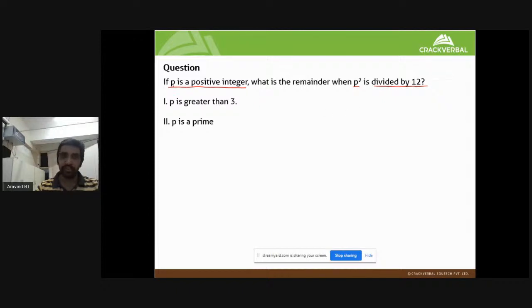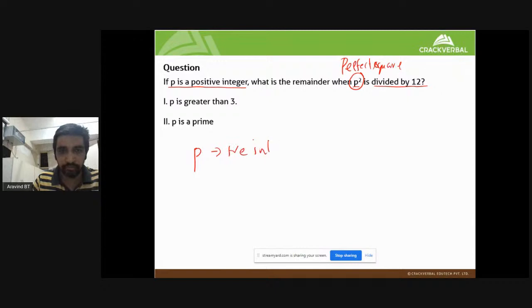Remember, if p is a positive integer, it means that p square is a perfect square. There are tons of GMAT questions where GMAT does this. It says p is a positive integer. It gives you this information. Having given you this information, it starts talking about p square, p cube, and so on.